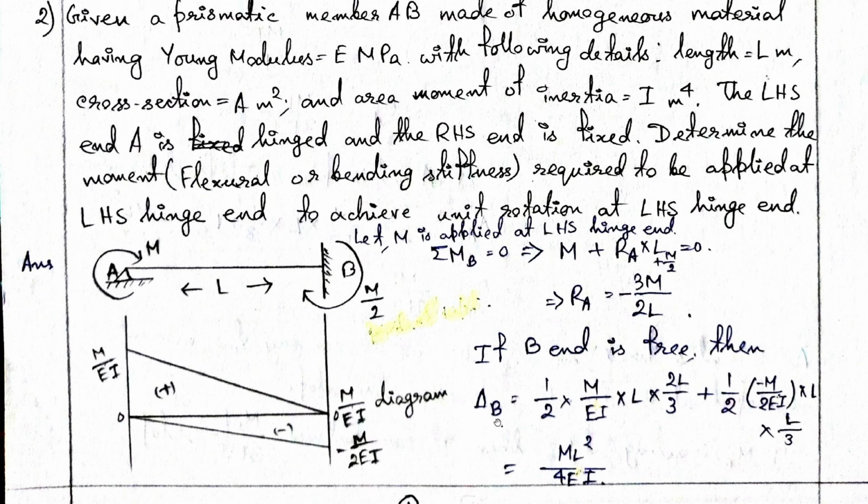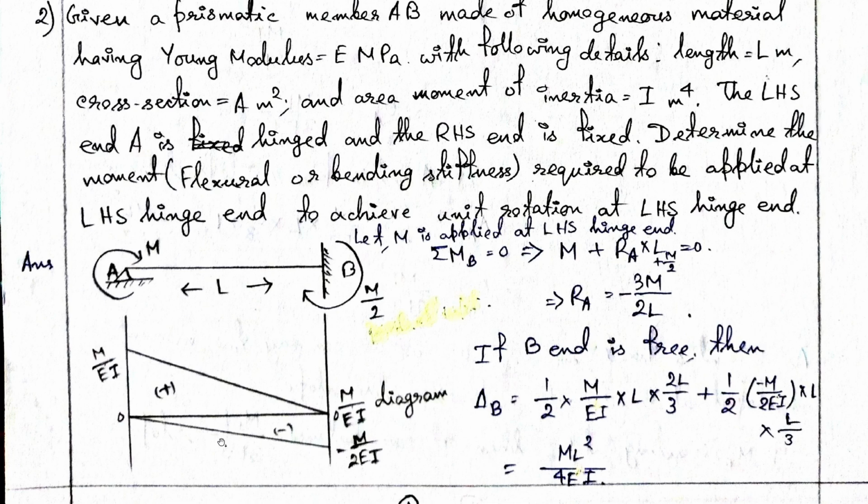So here delta B is what? Half into M by EI into L into 2L by 3. It is the area of the M by EI diagram, and 2L by 3 is the distance of that area from B end.